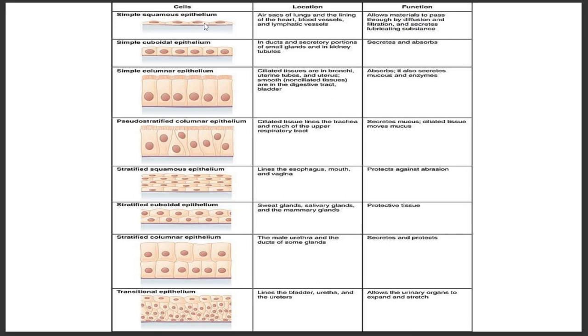So, where does filtration and diffusion happen in the body? That is where we get to talk about the lungs, the heart, because we have got blood vessels. Also in the lymphatic system. We are not going to include the kidney here because the kidney is going to be the next one.